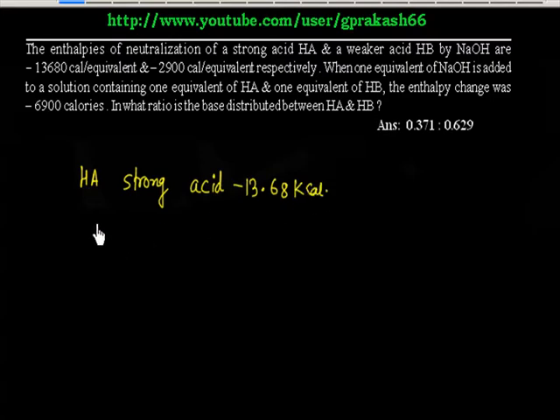At the same time, if we have HB, that is a weak acid, this releases less heat. So the weak acid releases only minus 2.9 kilocalorie per mole. So this is the heat released per mole in this case.